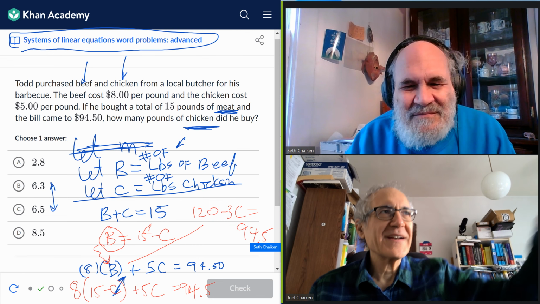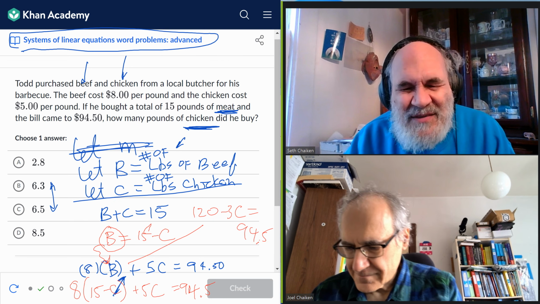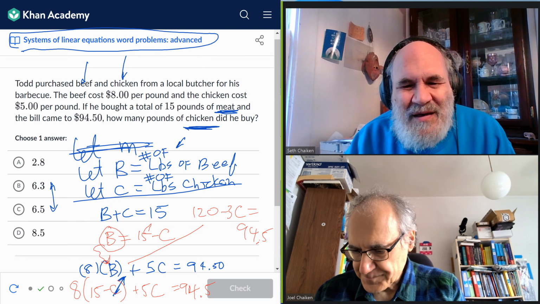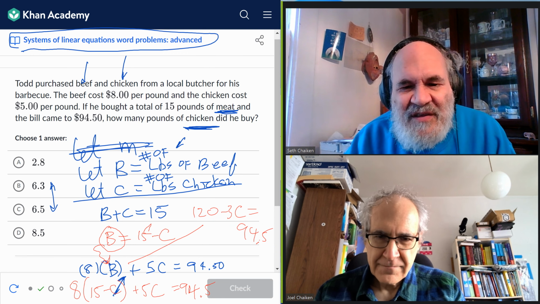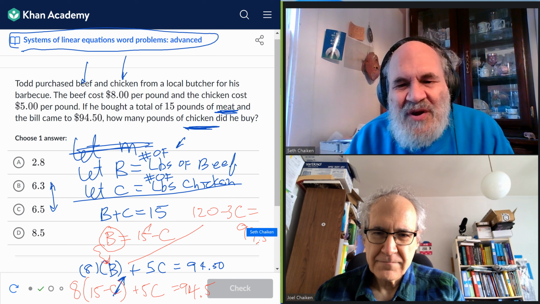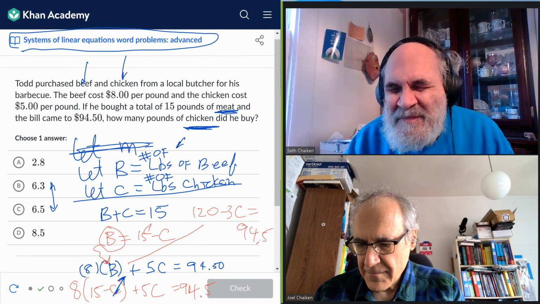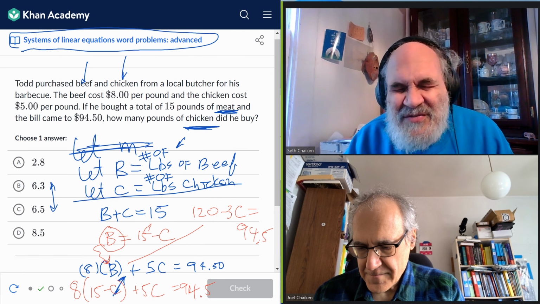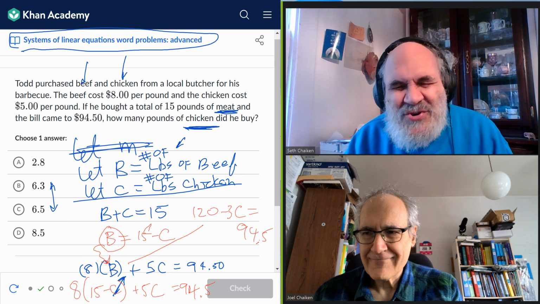And now everyone has a calculator, so let's get the calculator. And then you subtract them. You get, okay. Well, notice the signs make sense. When you subtract the 120 from both sides, the right-hand side becomes negative. And the coefficient of C is negative, so the solution for C is positive, which it should be.